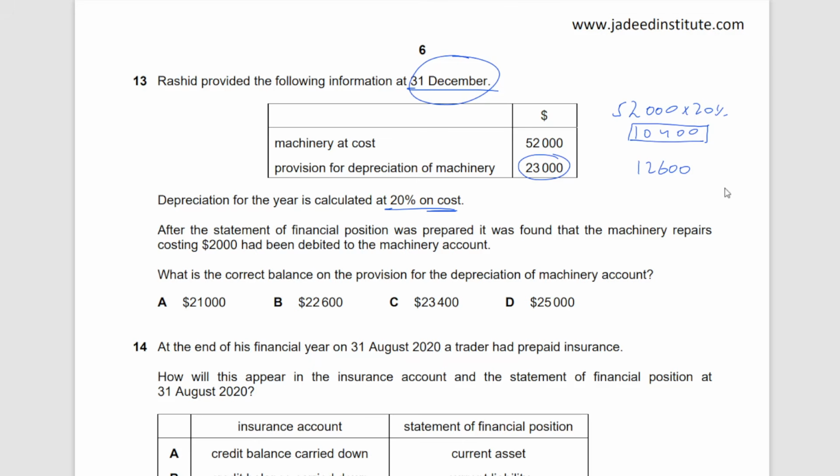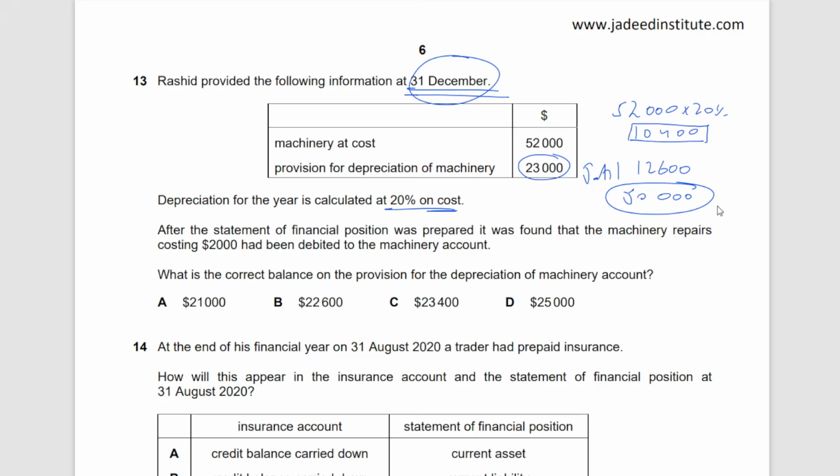Now this is an assumption actually. They should have clarified depreciation for the year. They're not clear that this is the end of the year, but this is an obvious assumption, right? So anyway, now let's say this is 1st January. Now we know that our actual assets are 50,000.